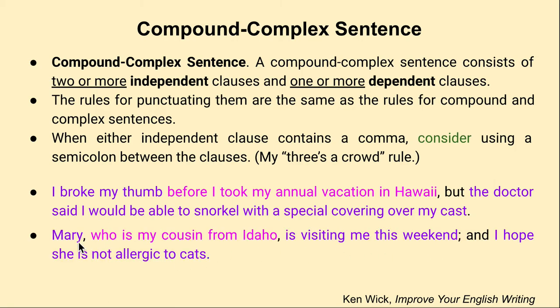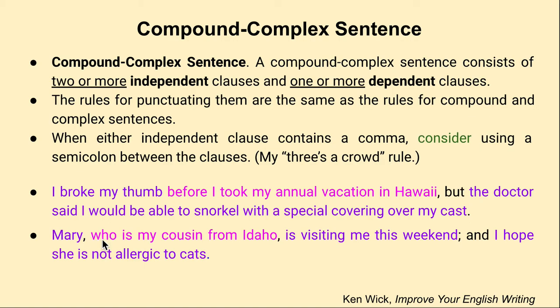The last example is: Mary, who is my cousin from Idaho, is visiting me for the weekend, semicolon, and I hope she's not allergic to cats. Just start with the end of it. The second clause is an independent clause. And "who is my cousin from Idaho" is a relative clause. A relative clause, remember, starts with a relative pronoun.